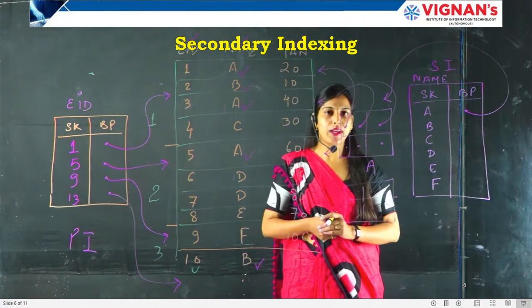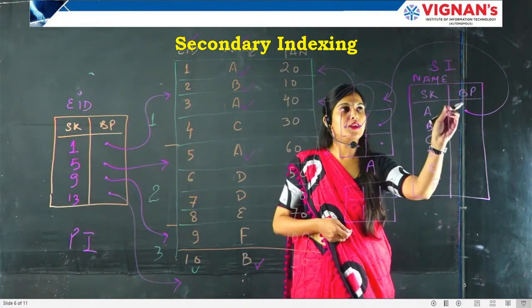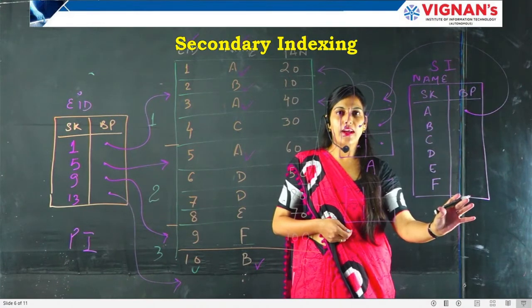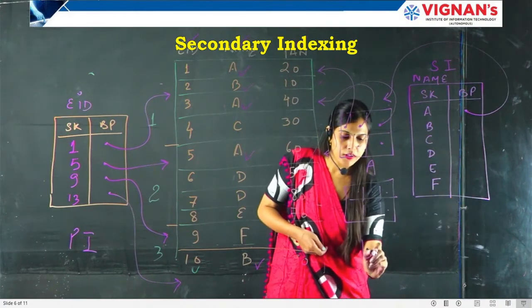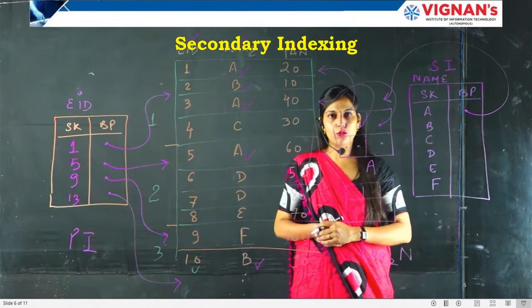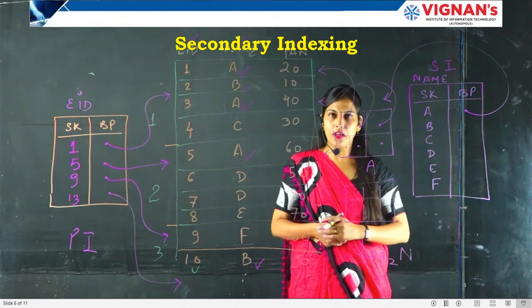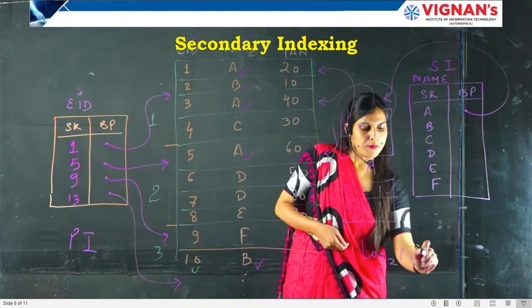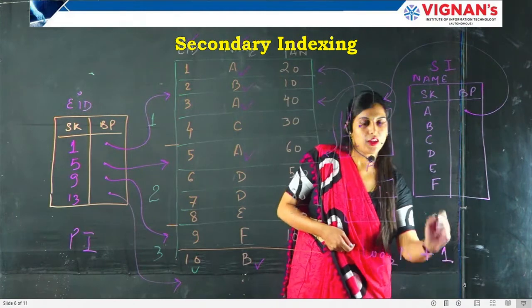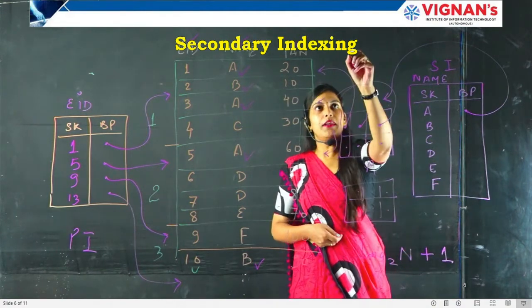Now let's look at the complexity of this. If I look for any record, my secondary index file will be searched. For that we will apply binary search. So log base 2 n, where n is the number of blocks present in my index file, plus 1 in order to reach the target block in the intermediate layer.